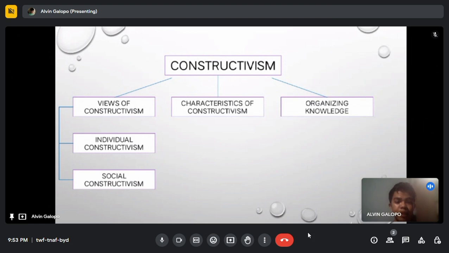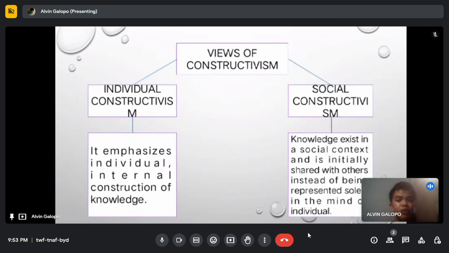All right, now let's talk about views of constructivism. There are two views of constructivism, the individual and the social constructivism. Now, what is individual constructivism? It emphasizes individual internal construction of knowledge.